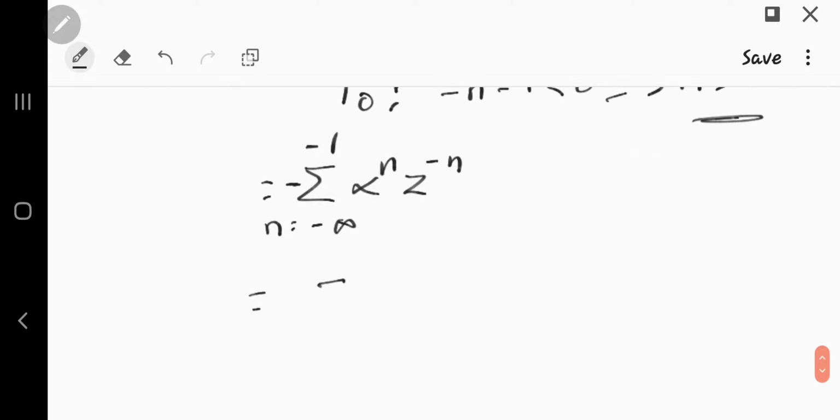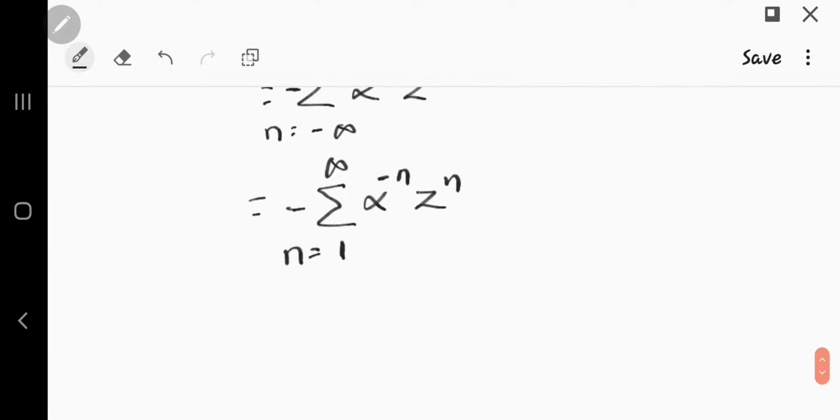Now the minus I'll take as it is. If I interchange this, n equal to 1 to infinity, then it will be alpha to the power of minus n, z to the power of plus n. I did this for my convenience. So minus summation n equal to 1 to infinity of (alpha inverse z) to the power of n.